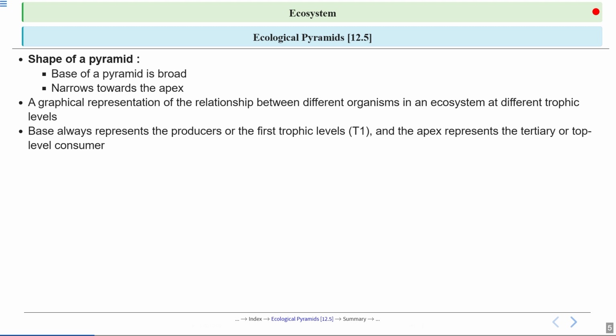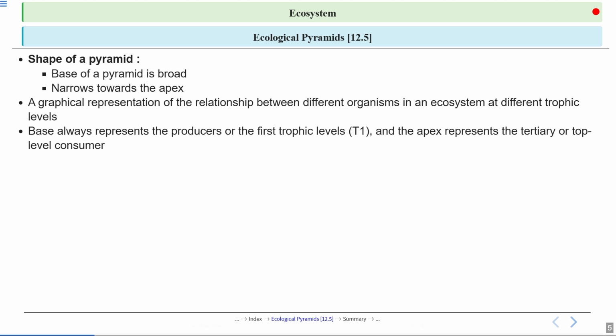For example, think about a grassland ecosystem. The base of the pyramid is huge, because of the number of grass plants present in that ecosystem. This grass represents the producers, which is the first trophic level. The next level is the grasshoppers, which occupy the second trophic level. These are the primary consumers that eat the grass.